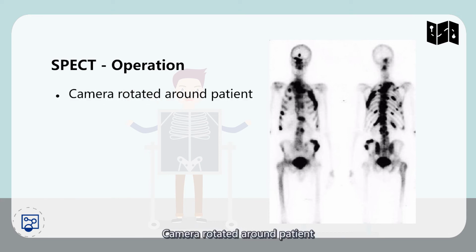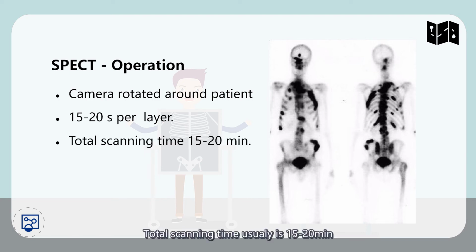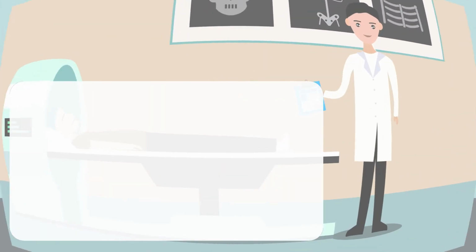The camera rotates around the patient, and every layer needs 15 to 20 seconds. The total scanning time usually is 15 to 20 minutes. If you use a multi-detector, it will be faster.